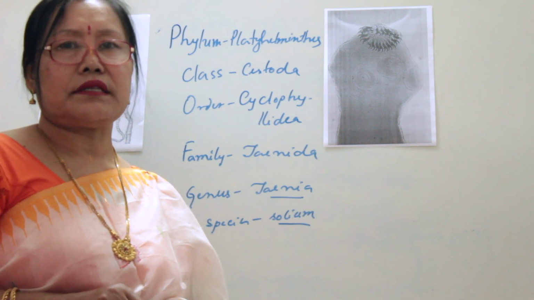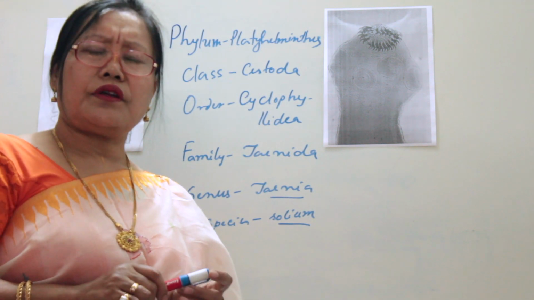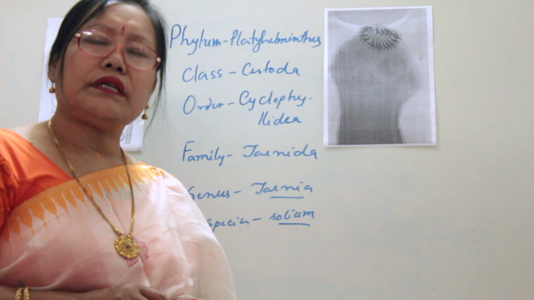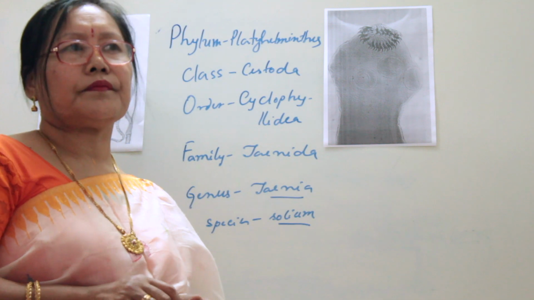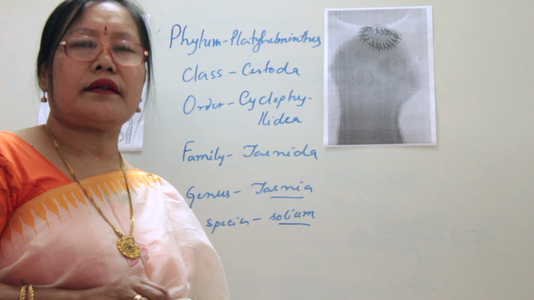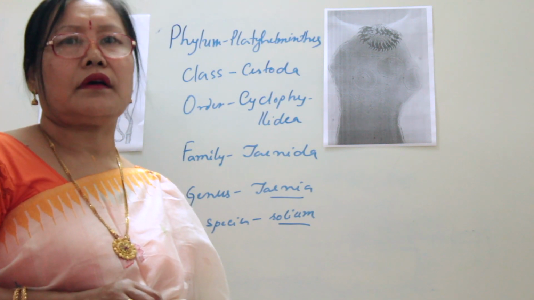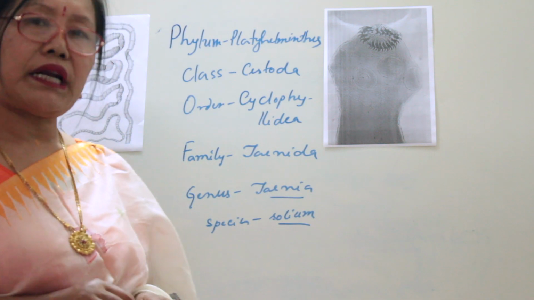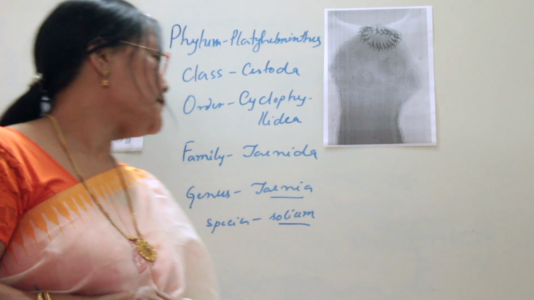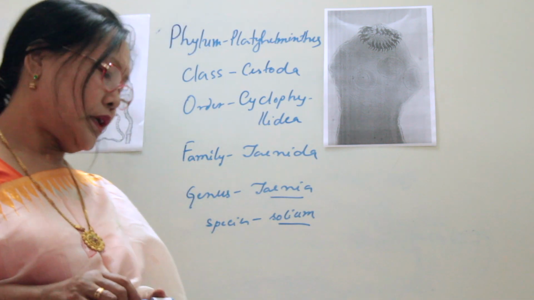The main difference is that. Taenia Solium is worldwide in distribution and these are very dangerous and commonly found helminth parasitic worms.